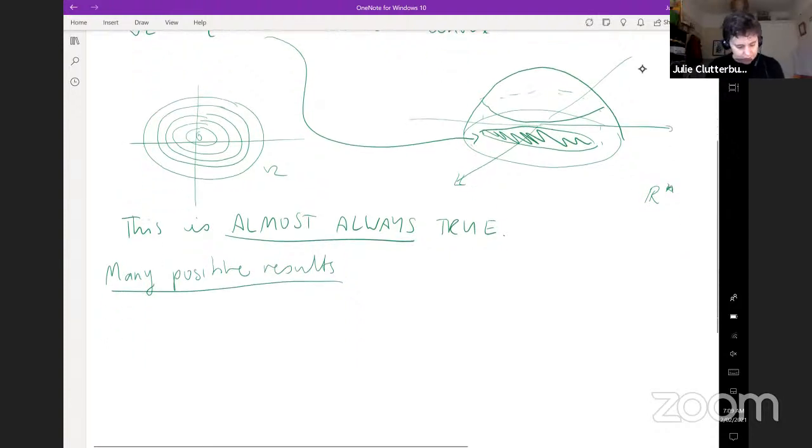So for example, in the case that f of u is equal to lambda u, then the problem's just the eigenvalue problem, and use the first eigenfunction.